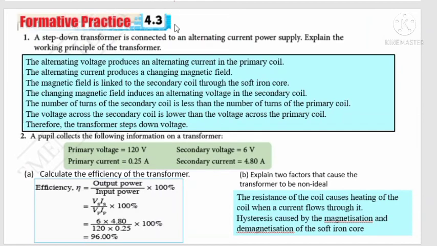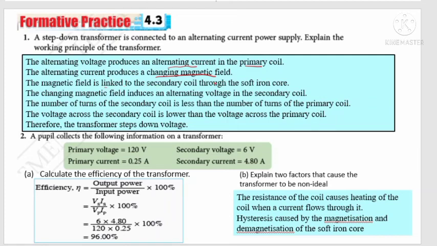Okay, next look at formative practice 4.3. A step-down transformer is connected to an AC power supply. Explain the working principle of the transformer. First of all, we look at the primary coil. AC voltage produces alternating current in the primary coil. Alternating current produces a changing magnetic field.